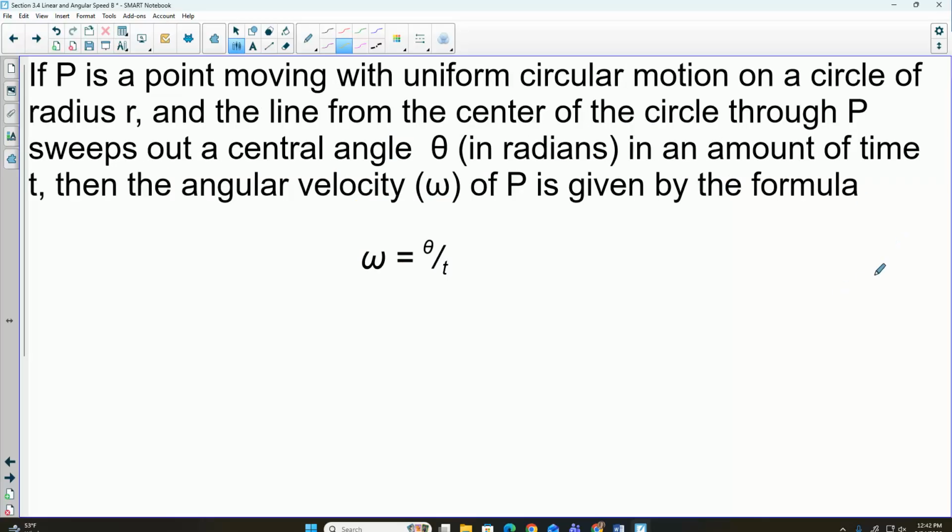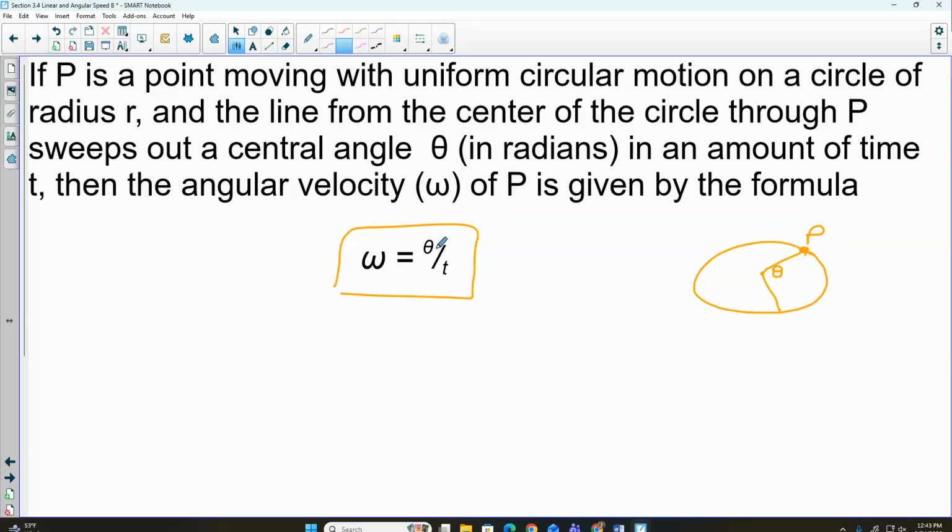We could also talk about that same point if instead of measuring how fast it's moving on the outside, I was measuring how fast the angle changed. So if I'm looking at how quickly this angle changes in a given point in time, that is omega, angular velocity. So it's this curved-looking W. It's just another Greek letter.